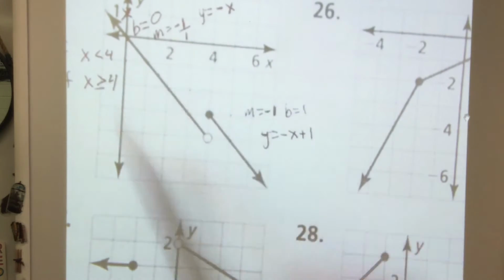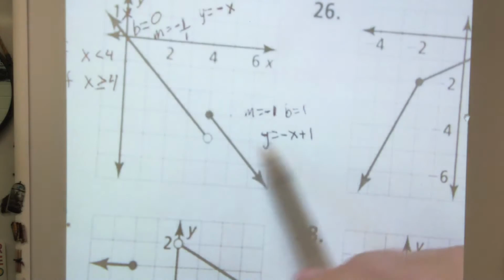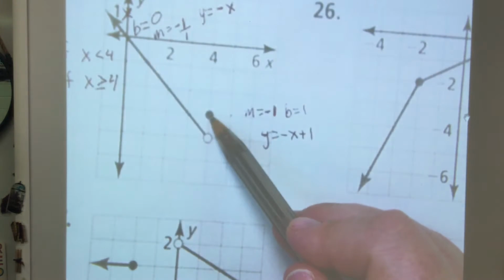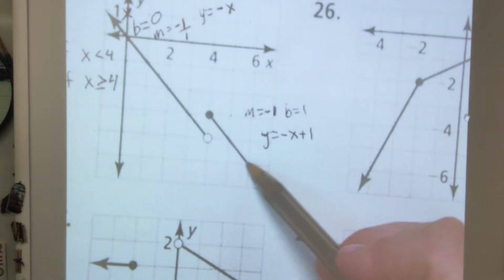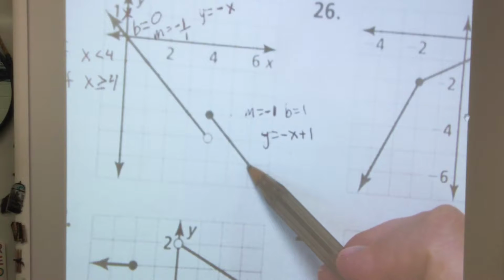Just as a side note, worst case scenario, if you cannot figure out what the y-intercept is, you can pick 2 points. Like I could pick this point and this point, and I can do the point slope form of the equation, okay?